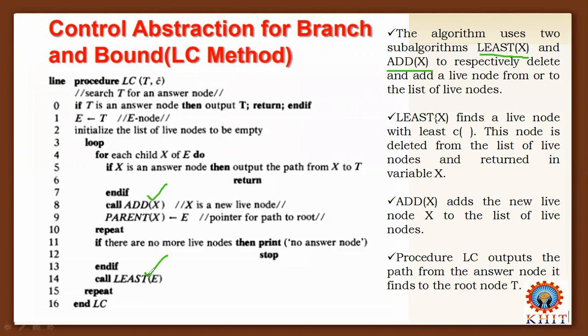If you want to delete a node, you simply use least of x. The least of x finds a live node with the least cost function, whereas add of x adds a new live node to the generated tree. In this way, you can find out how to add and how to delete an element from the given graph.